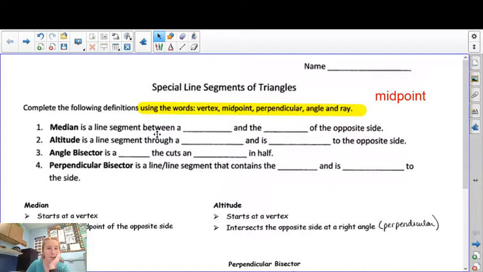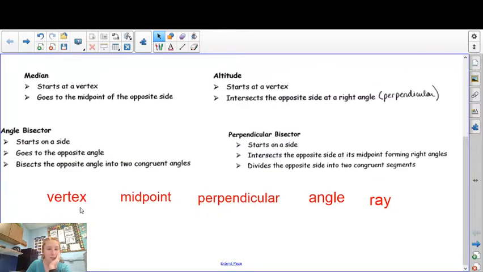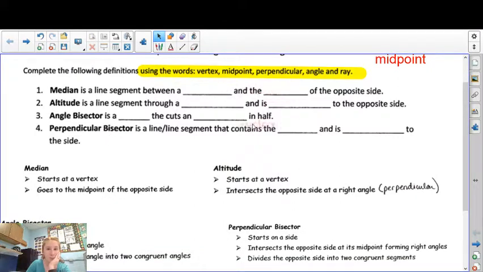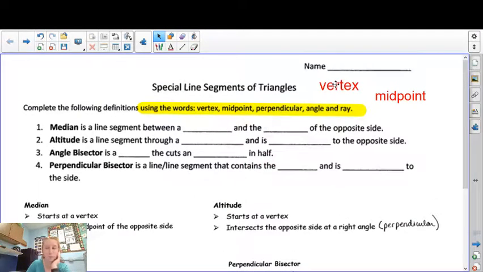I see the word vertex, so I think I'm going to take that one too. So between a midpoint and the vertex of the opposite side. Can a side have a vertex? No. So between a vertex and the midpoint of the opposite side.